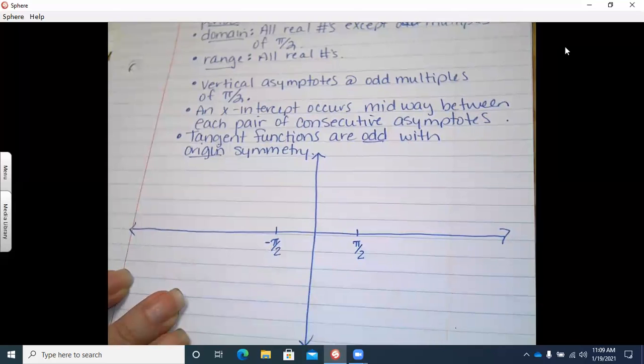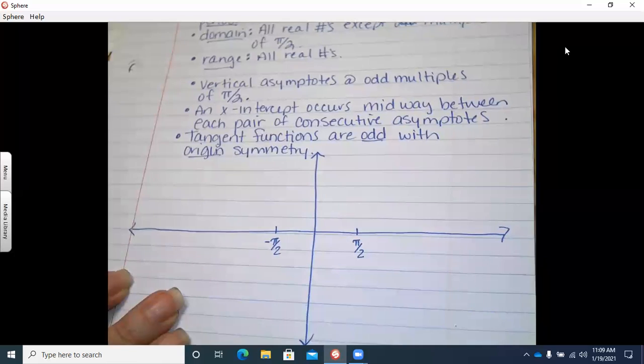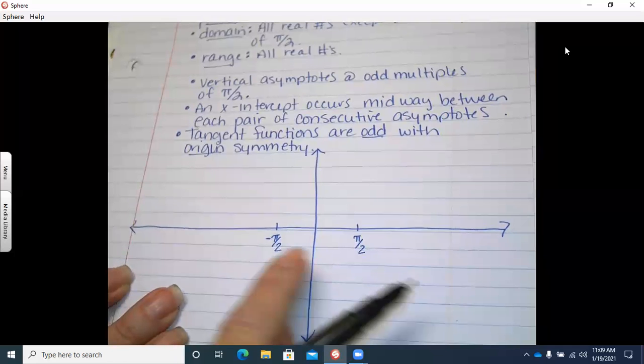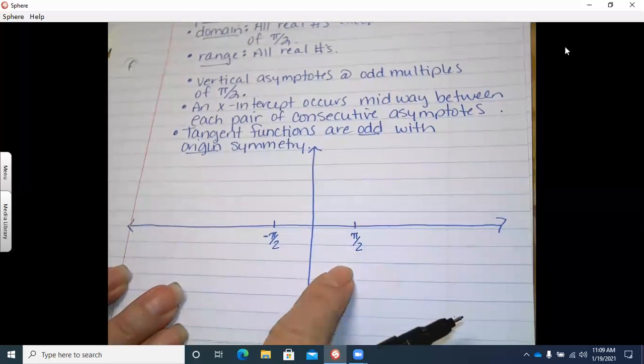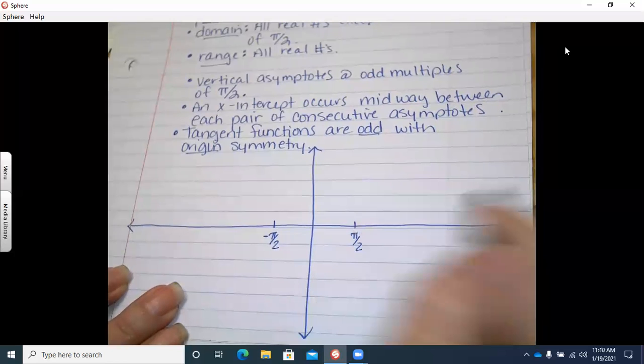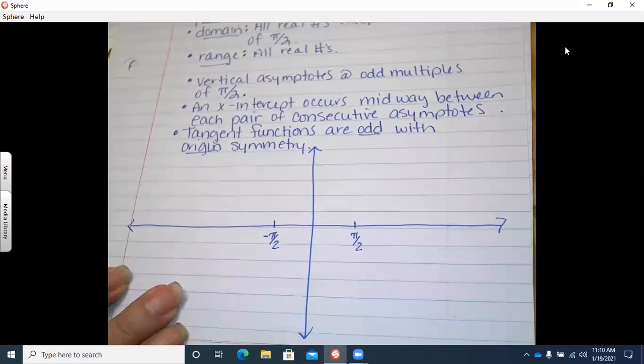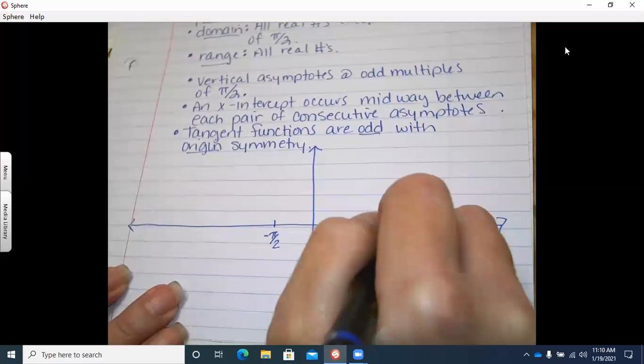Each cycle period is pi. From negative pi halves, that interval is pi. And we know at each odd multiple of pi halves there's going to be an asymptote. So I'm just going to keep increasing by pi halves to find some more. What is pi halves plus pi halves? Pi.